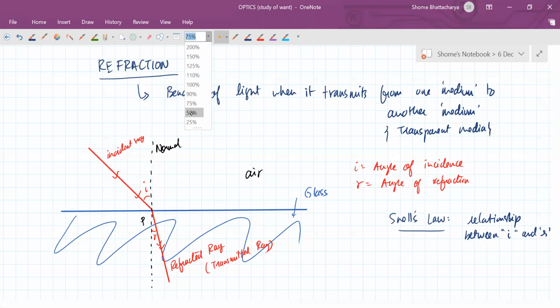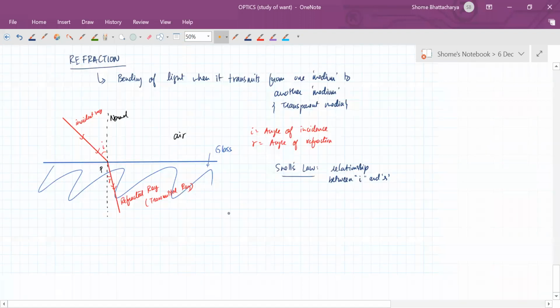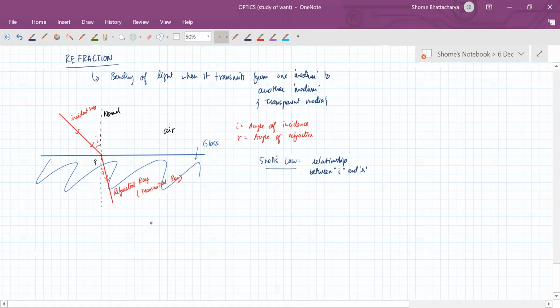So that relationship depends on something called refractive index, as you know. So first of all, we have to understand the property of refractive index of a transparent medium.